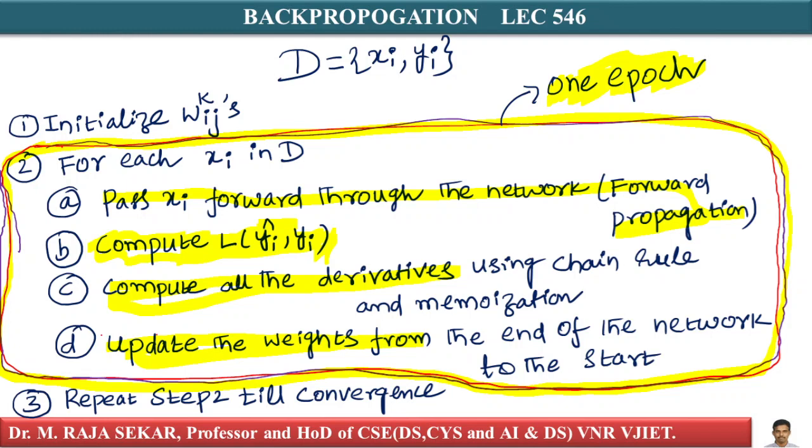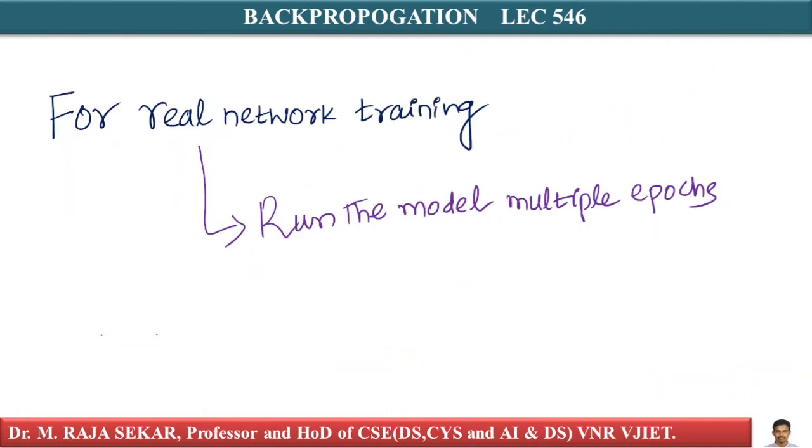If you notice step 3, it says repeat the whole step 2 until convergence. In the real world, for real network training, you run the model for multiple epochs, which means passing the data set through the network multiple times.